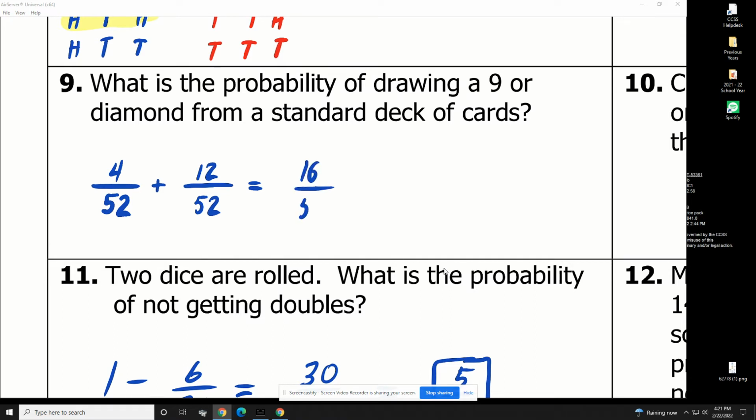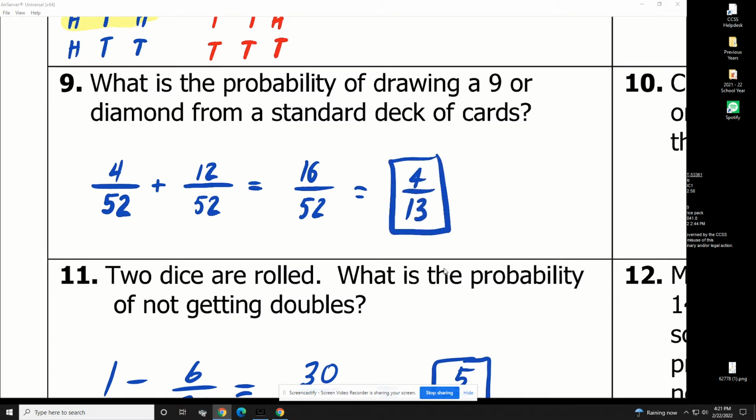So our answer was 16 out of 52, and 16 out of 52 will reduce. It reduces down, I can't remember, let me find, I don't have my calculator. But 16 out of 52 reduces down to 4 out of 13. 4 out of 13.